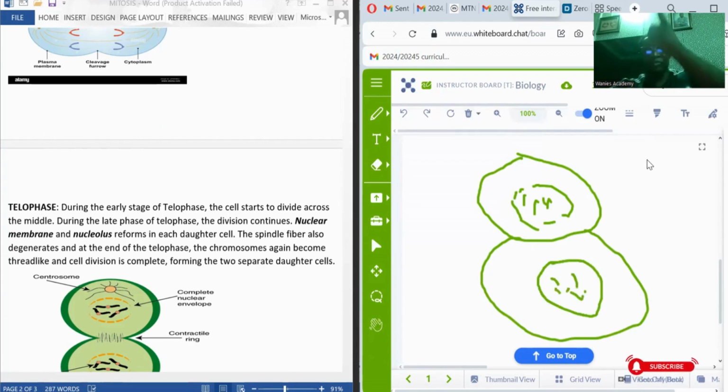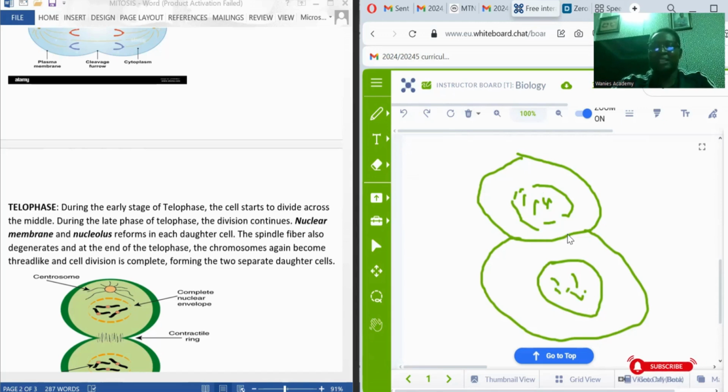The nuclear membrane was present during the interphase, shielding the chromosomes. It is at the prophase that the nuclear membrane disappears to show the visible chromosomes. So at the telophase, after reaching their destination, a nuclear membrane is formed to enclose the chromosomes.